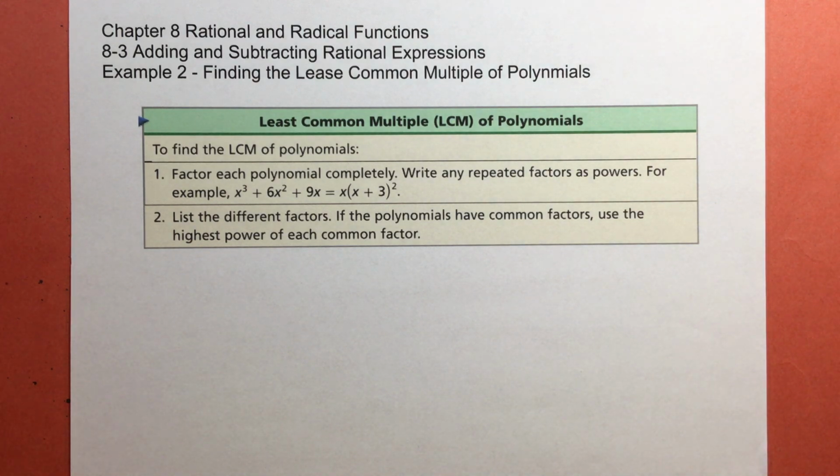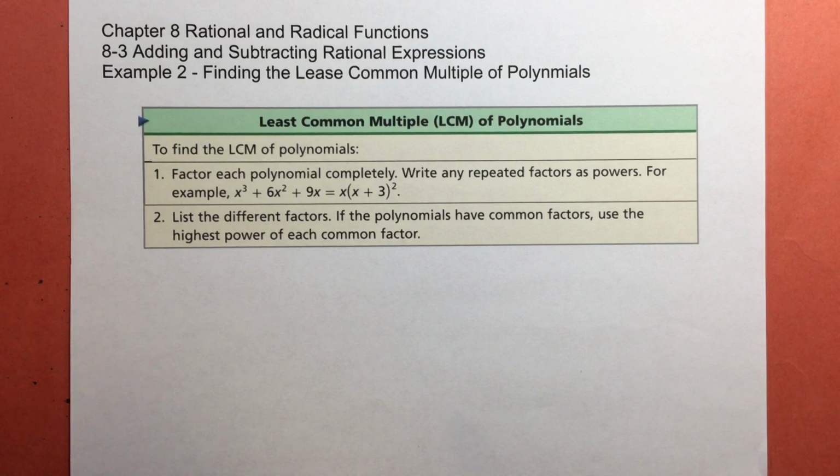Who knows? Okay. These are the steps that the book gives you. Factor each polynomial completely. Write any repeated factors as powers. I'm going to ask you to avoid that. Dr. Berger wants this, that's fine, but for our purposes, sometimes it's easier to see them all written out.